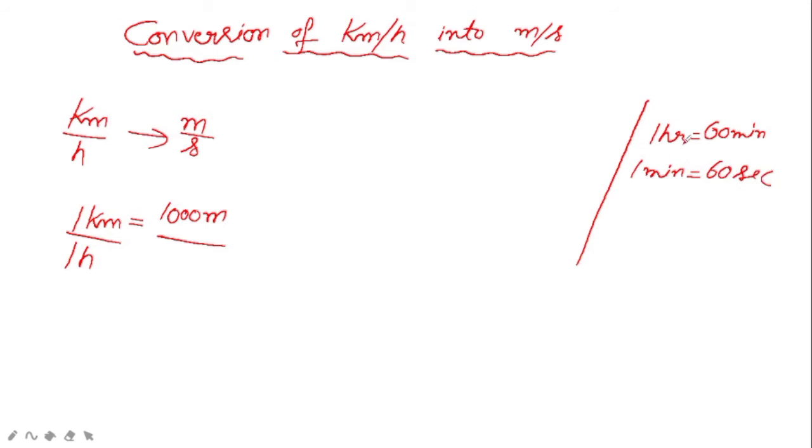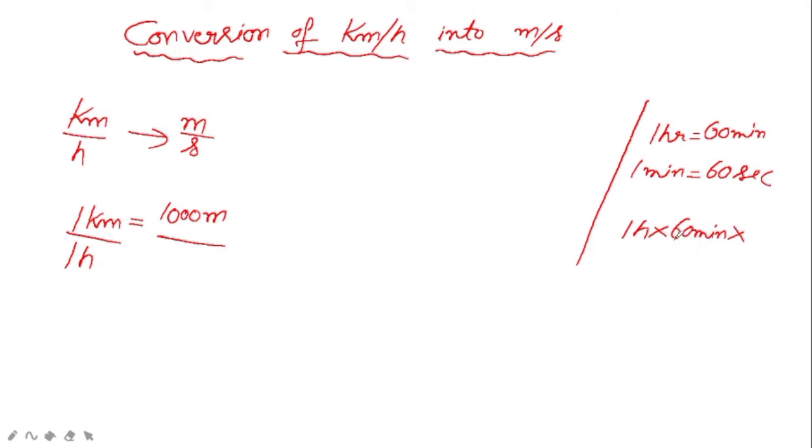So whenever we are calculating how many seconds there are in 1 hour, we write it as 1 hour into, so 1 hour is equal to how many minutes? It is 60 minutes, right? And then which is also multiplied by how many seconds? That is for 1 minute.